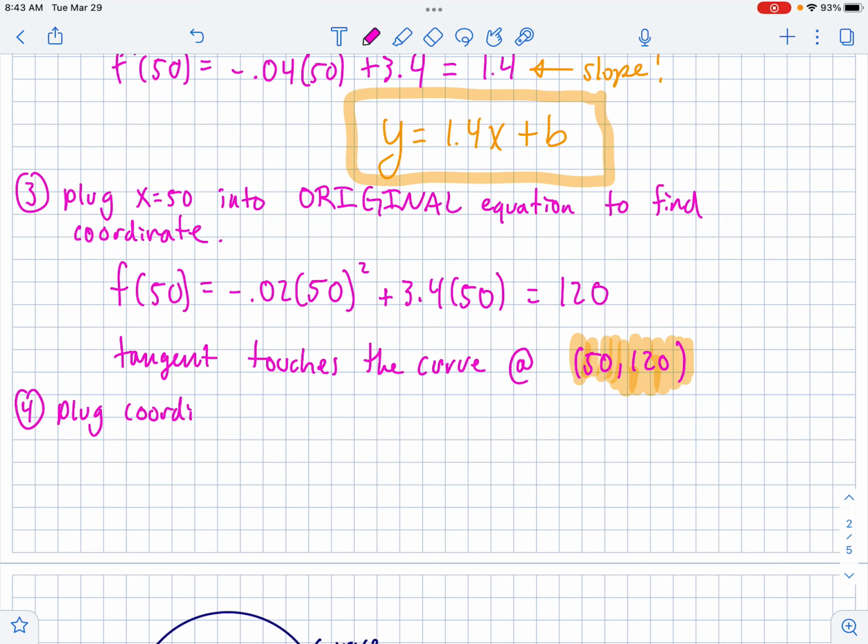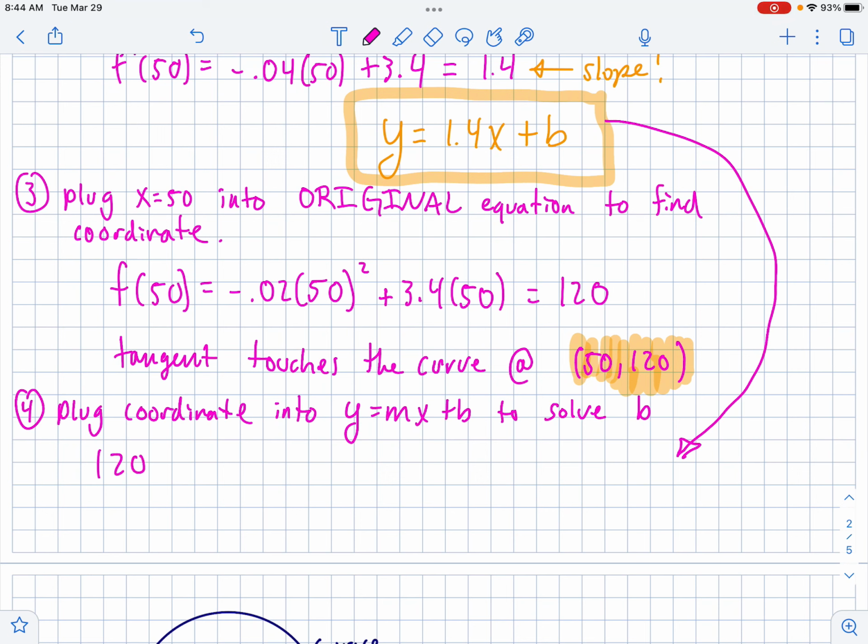So step 4. Oh no, I'm running out of room. We're going to plug that back into the y equals mx plus b to be able to find out what the b value is. So we get 120 equals 1.4 times 50 plus b.